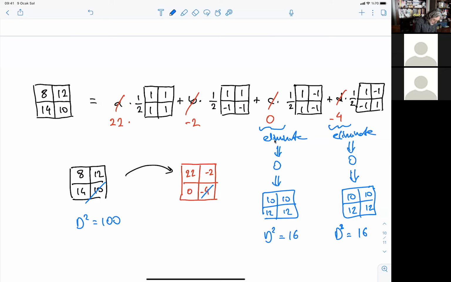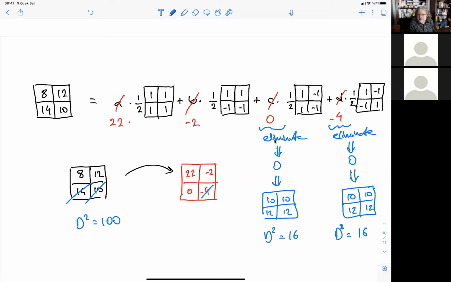But when I eliminate 10 and 14, what's the square of 14? Can you tell me? There must be some students over here. Yes. So what's the square of 14?